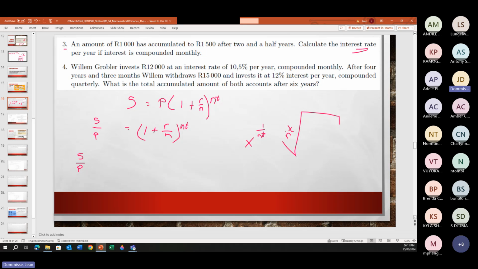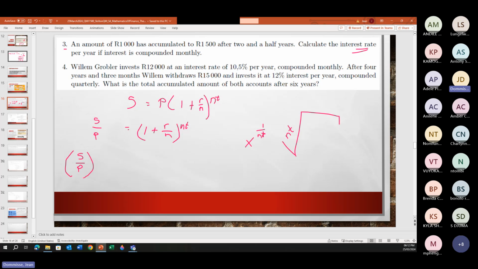So again, with your calculator, when we finally put in some of those values, because we've got 2.5 years, compounded monthly, n will be 12 and t will be 2.5, so that will be to the power of 1 over 25, or the square root of 25. So again, one can use what is on the calculator.